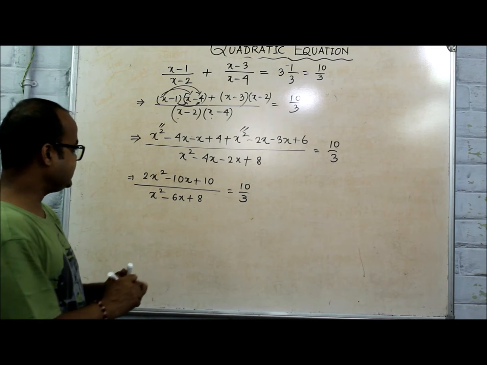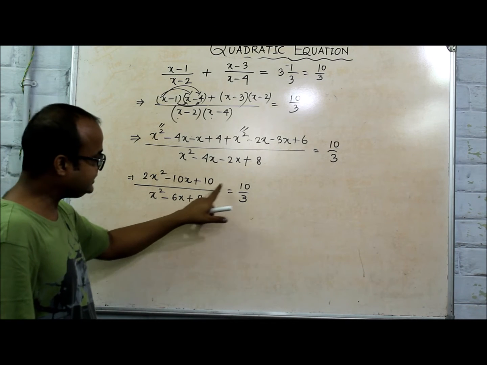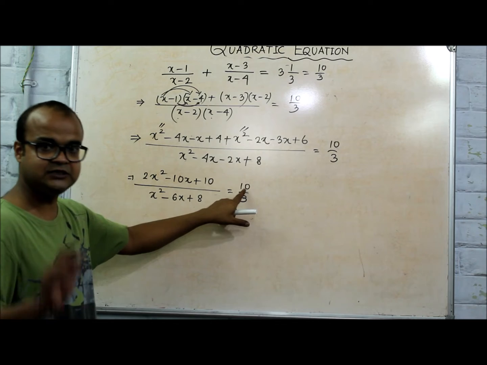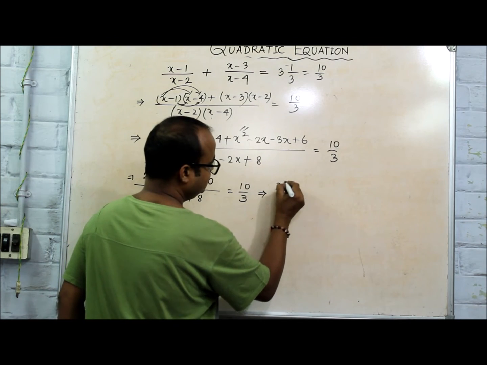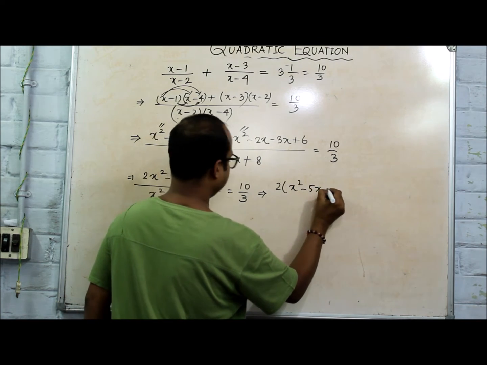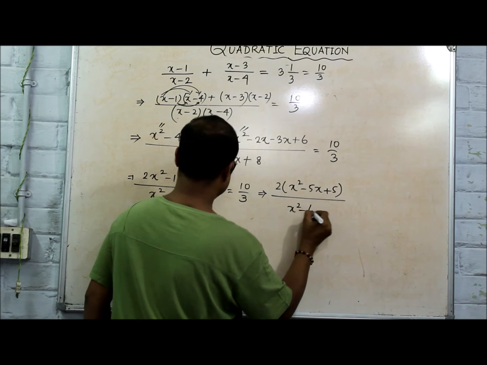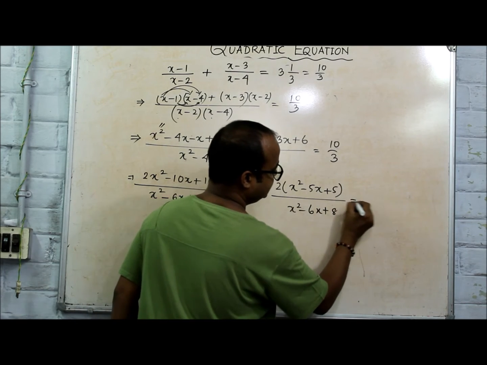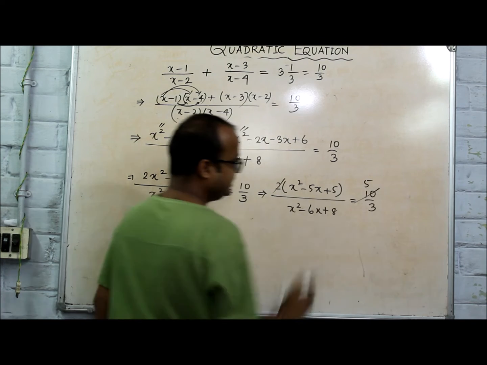Now what I suggest, from here we can take 2 common, and that 2 you can cancel with this 10. You can write 2x square minus 5x plus 5 by x square minus 6x plus 8 is equal to 10 by 3. So 2 1s are 2, 2 5s are 10.